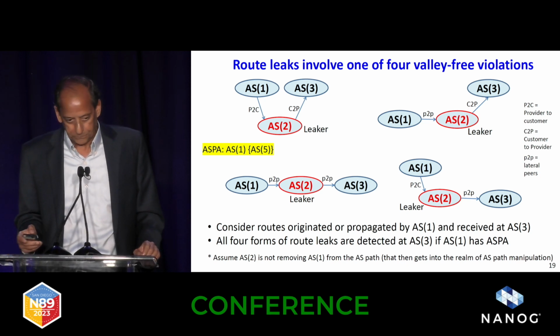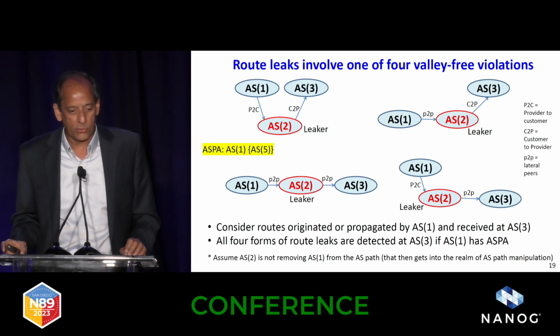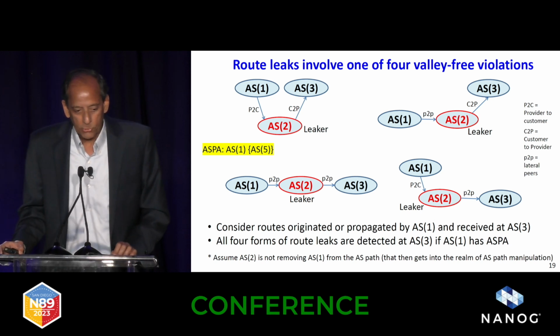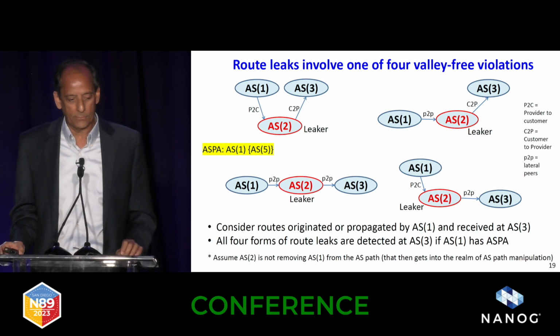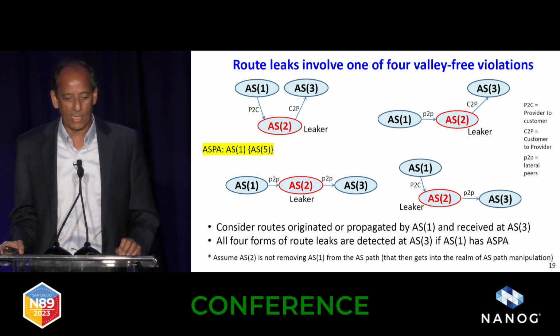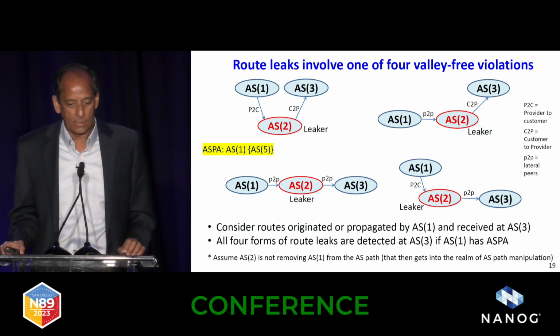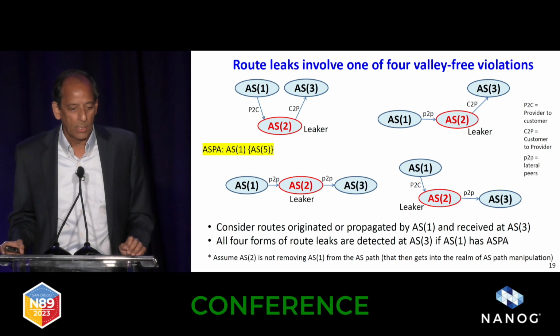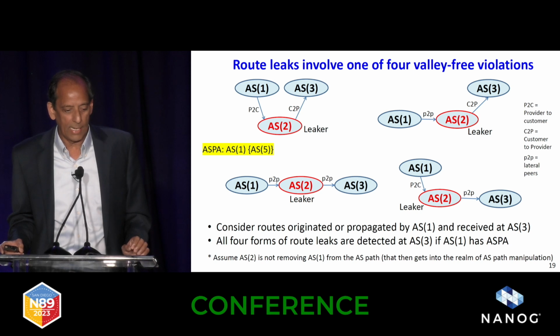So in this picture, what we are seeing is 3 ASs, AS1, 2, and 3. AS1 propagates a route to AS2, and AS2 leaks it to AS3. So these are the 4 cases where the route is received from a provider or a lateral peer, and it is leaked to another provider or lateral peer. Each of these is obviously a route leak. How does ASPA detect that any of these is a route leak? In this case, if AS1 simply has an ASPA stating that AS5 is my provider, they list AS5 as a provider.